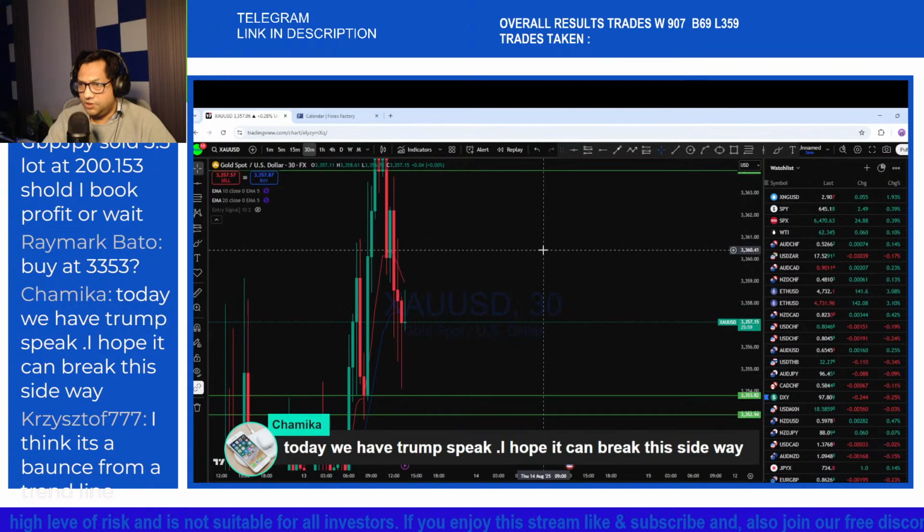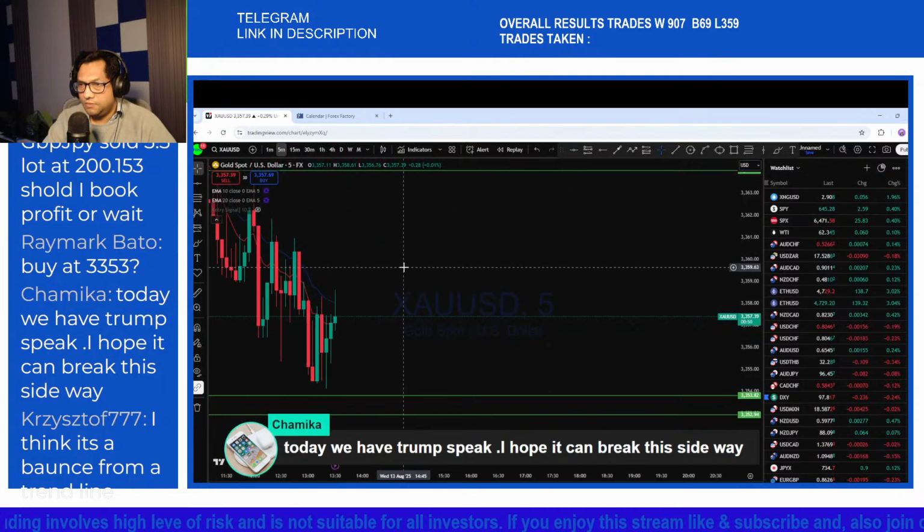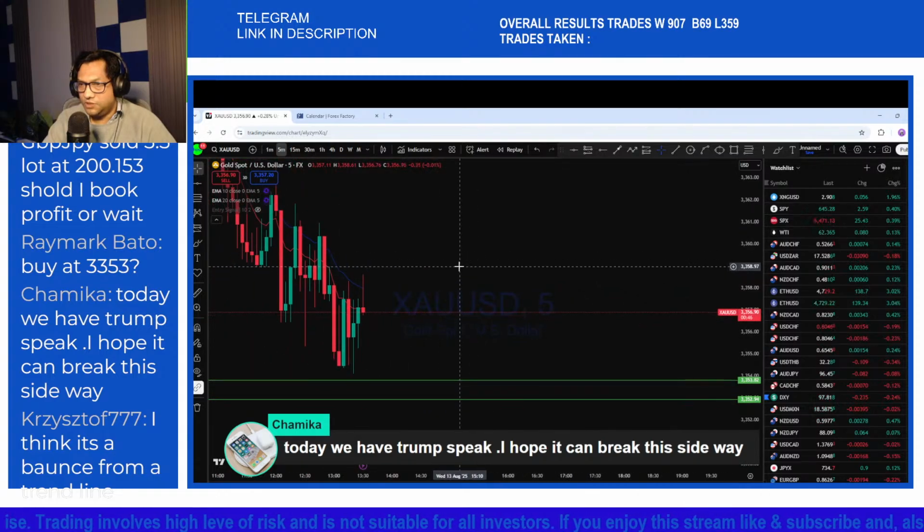So the 30-minute resistance, and it's forming a 5-minute spinning bar.